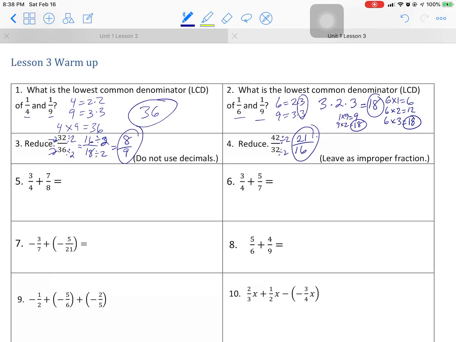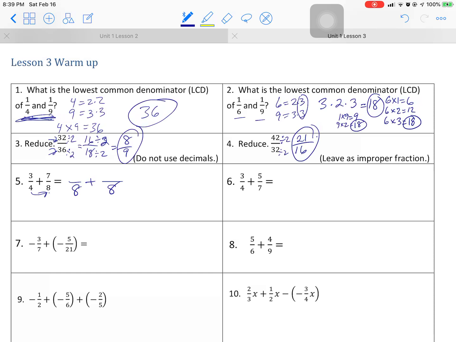All right, so if I was adding 3 over 4 to 7 over 8, I need a common denominator that is the same. So unlike up here where the 4 and the 9 had no factors in common, 4 is actually a factor of 8. So you can use the 8 as their LCD, okay? Some people say if they have no factors, multiply them together.